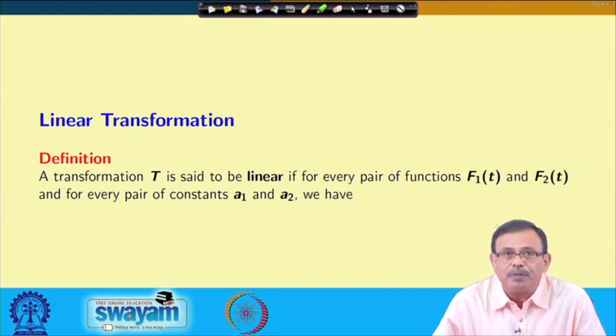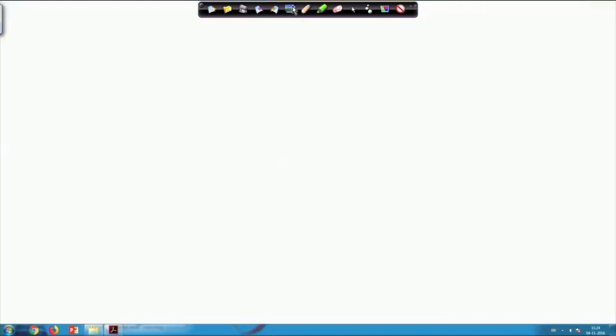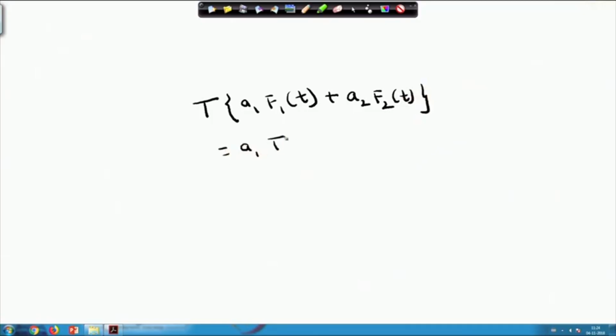Any transformation T you take is said to be linear if for every pair of functions f1(t) and f2(t), and for every pair of constants a1 and a2, we have T of a1 f1(t) plus a2 f2(t) equals a1 times T of f1(t) plus a2 times T of f2(t).